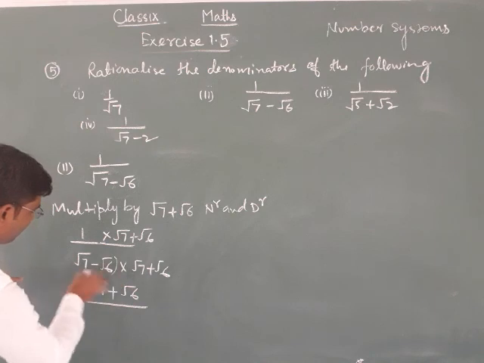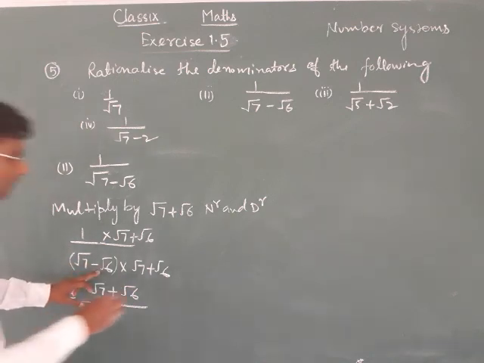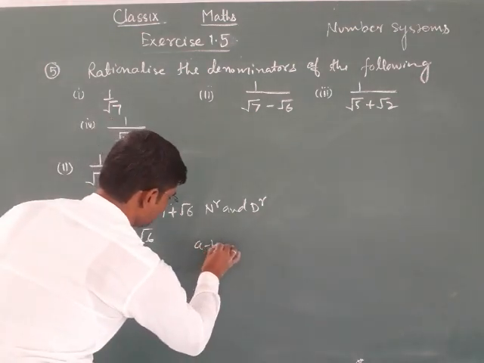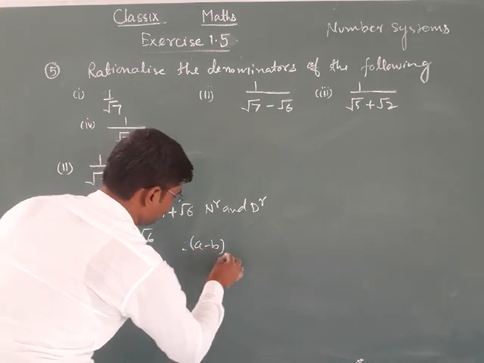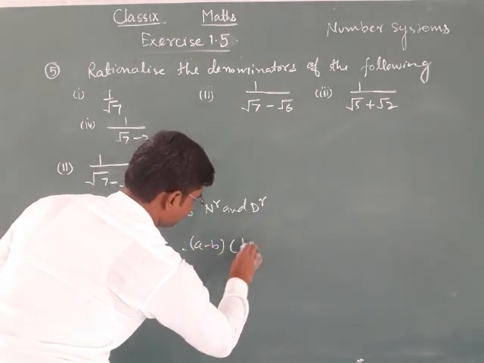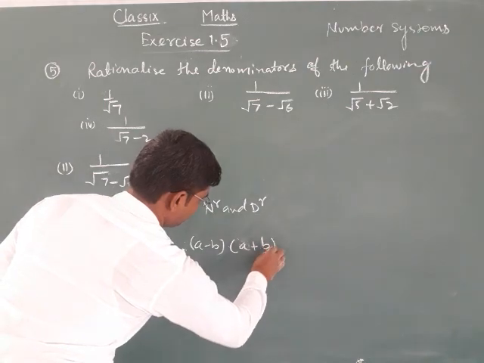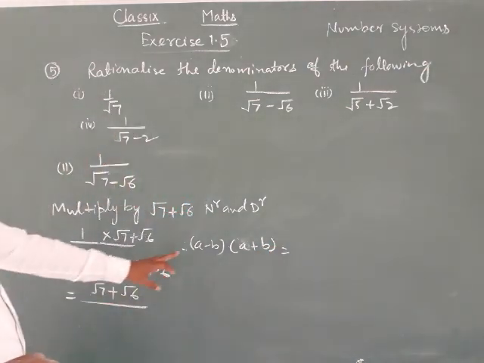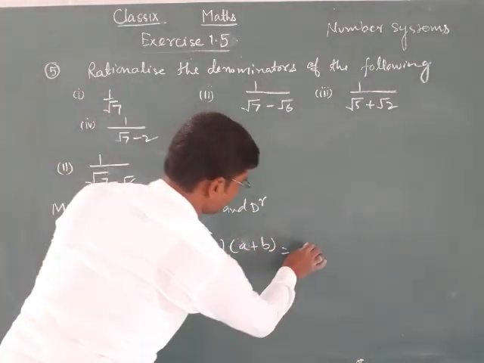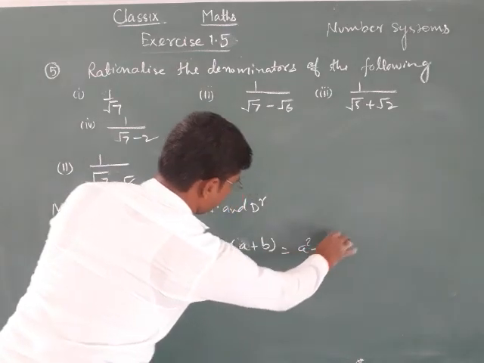Here we use the identity a minus b into a plus b is equal to a square minus b square.